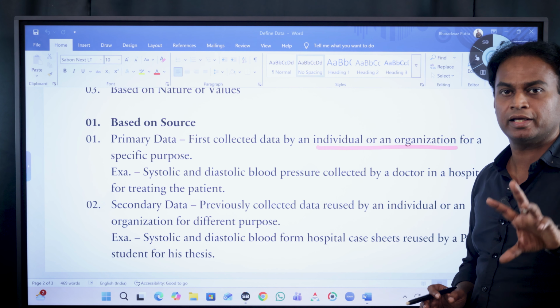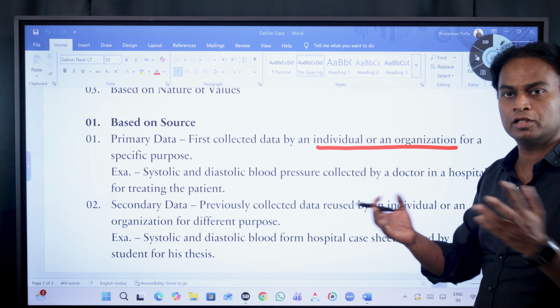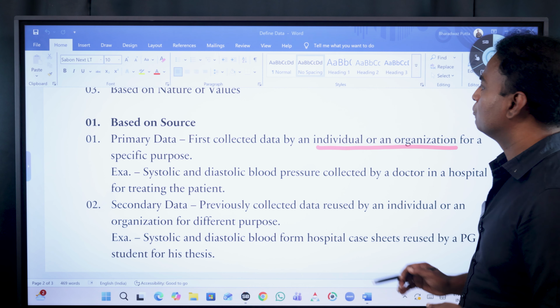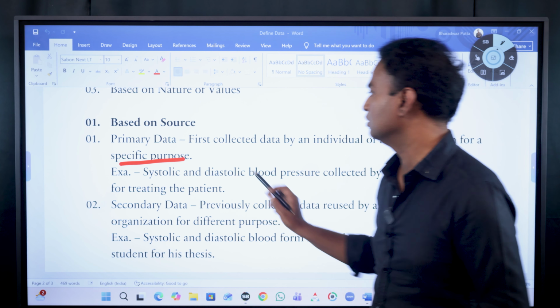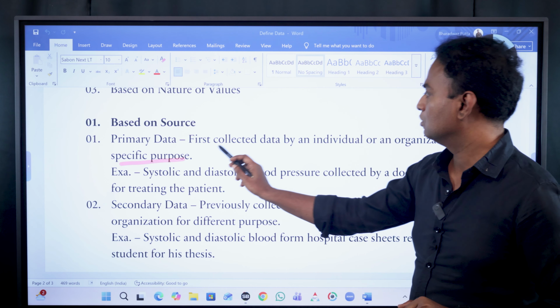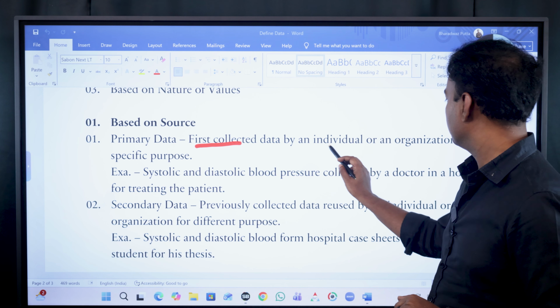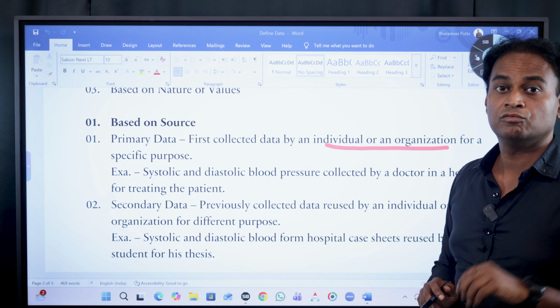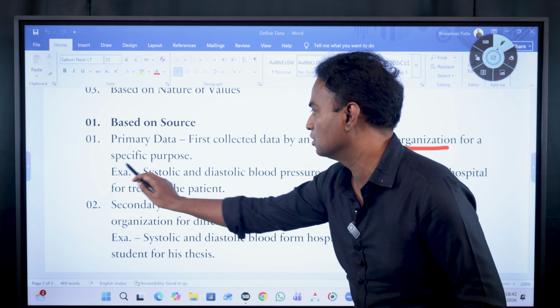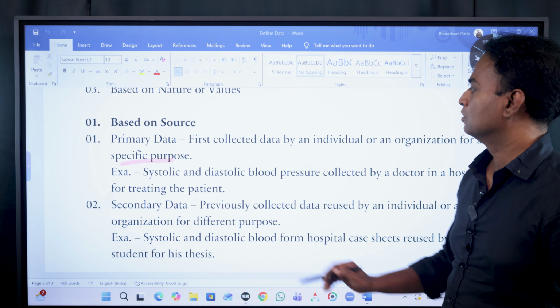Who collects it? An individual doctor or an organization or a hospital, for a specific purpose. You have to have three things. It has to be collected first. Then it can be by an individual or organization for a specific purpose. It should have a purpose.